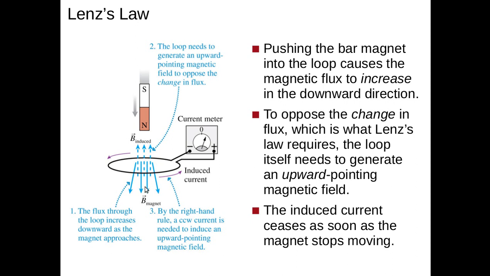Now, there's a very sophisticated explanation of this, but to think about it practically, this system was in equilibrium, right? This loop and this current meter, they were all happy. Everything was fine, right? And then this magnet comes around and starts changing a magnetic field inside of it.